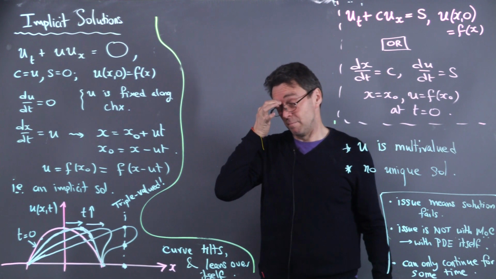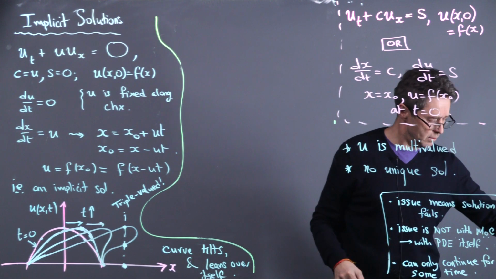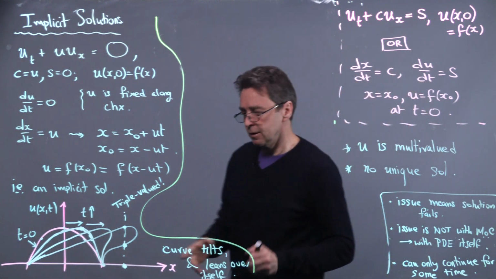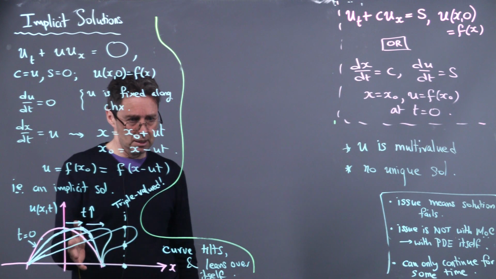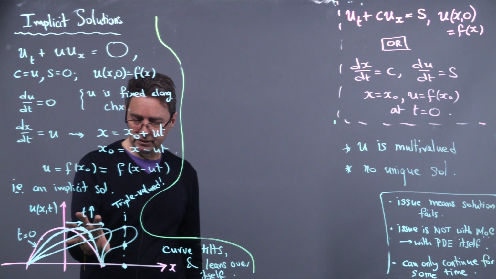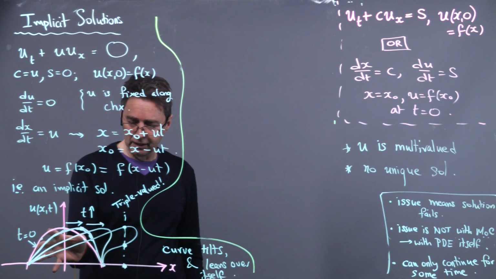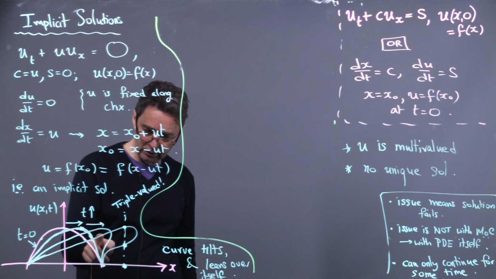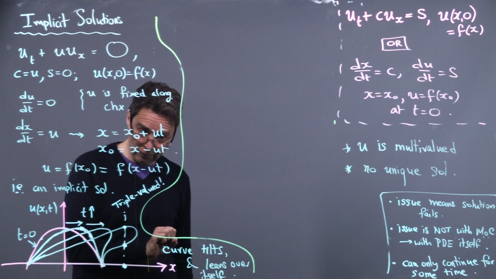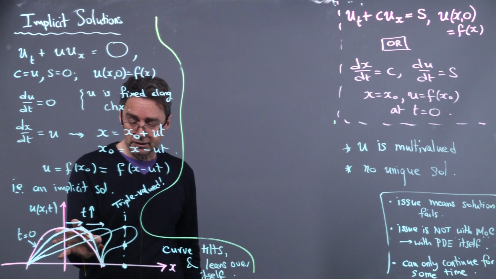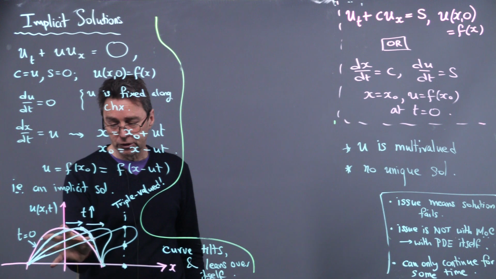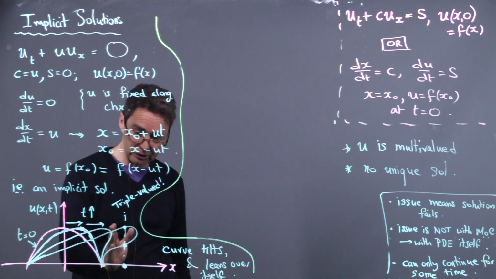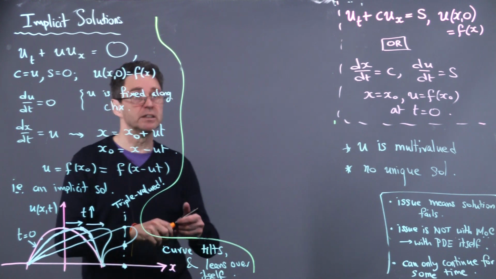All right, so when does the issue first appear? So as I am going through this argument here, right, the thing tilted over, tilted over, tilted over. At some point, clearly, the thing tilted over and part of the solution became vertical, and then it hung itself. Right, so the division between a good solution and an overhung solution is going to be when we have a vertical cliff face.